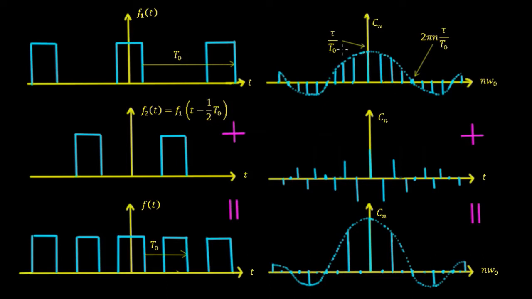The component in the centre has height tau upon T0. The crossover points are going to be given by 2 pi n upon tau. Now let's imagine we were to take this function and shift it by half the period. The new function, f2 of t, would be f1 of t minus a half T0.